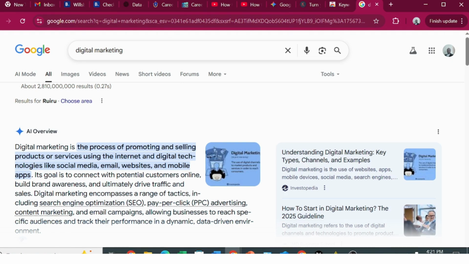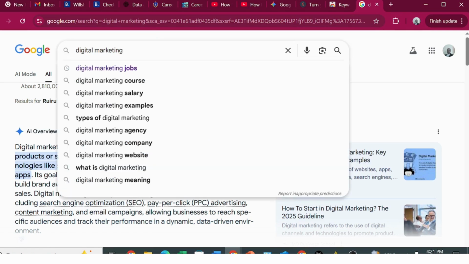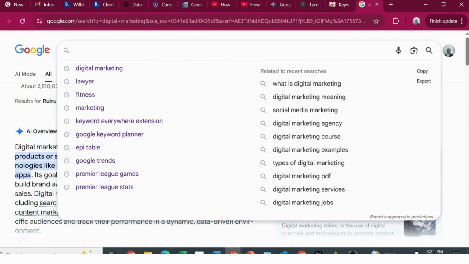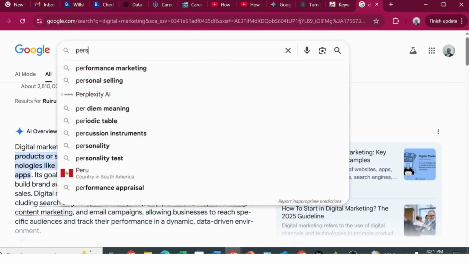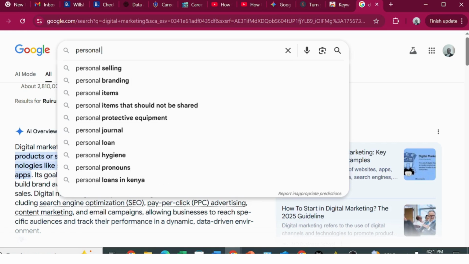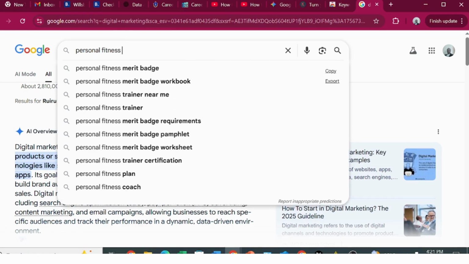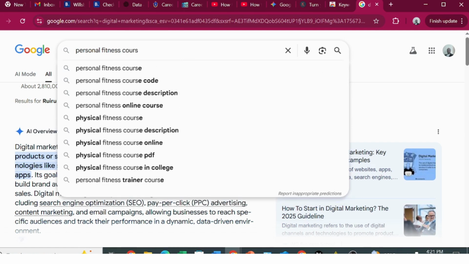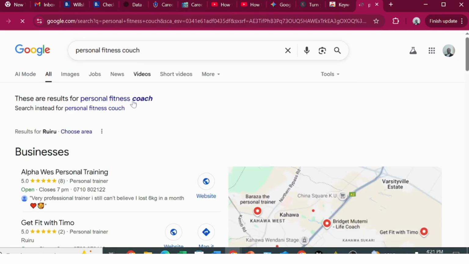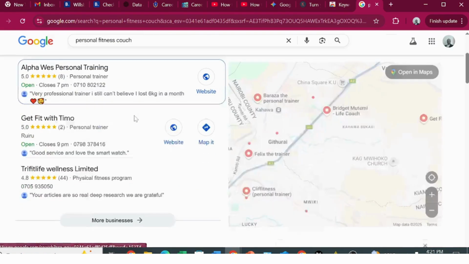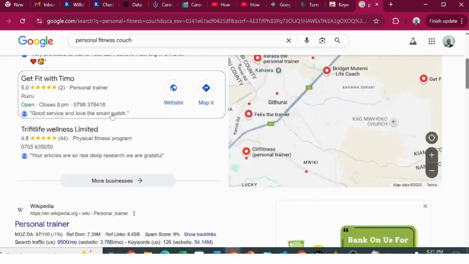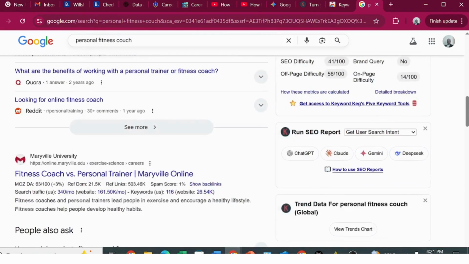So we have more examples apart from digital marketing. Let's say personal fitness coach. So for this one, you can actually try guessing the intent of the person who is searching.